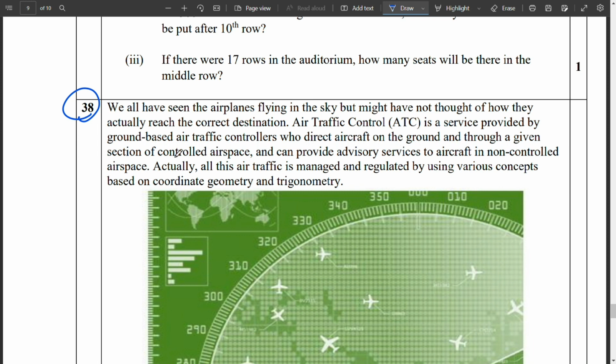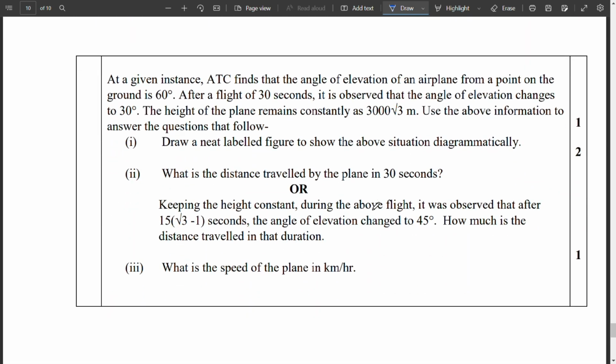Air traffic control, ATC, is a service provided by ground-based air traffic controllers who direct aircraft on the ground and through a given section of controlled airspace, and can provide advisory services to aircraft in non-controlled airspace. All this air traffic is managed and regulated using various concepts based on coordinate geometry and trigonometry. So the question starts from here.